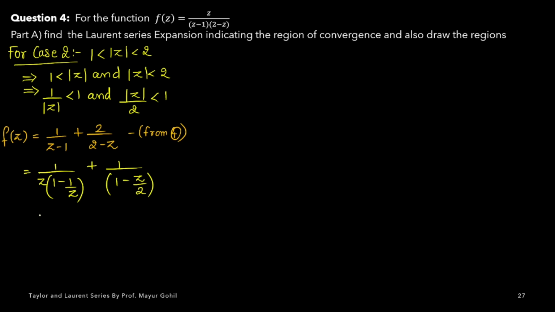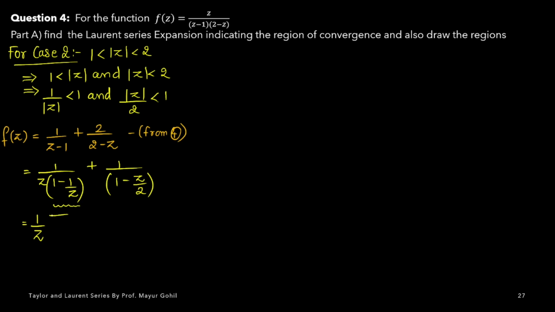Okay, now we see that we have an expansion 1 upon z. The first term remains as it is, but 1 upon 1 minus 1 upon z, this term has its own expansion, right? This term can be written in the expansion format.